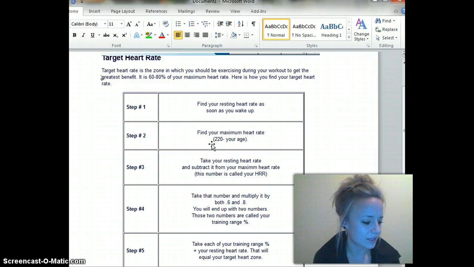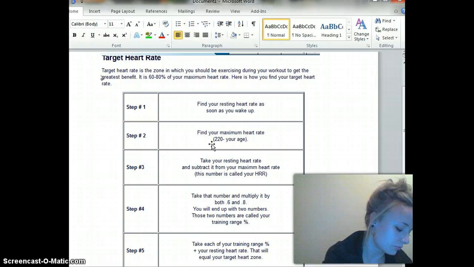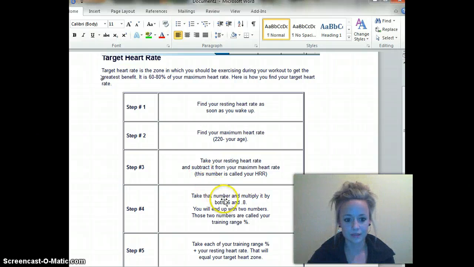And that is 147. I'm going to write that down real quick. So 147 is our heart rate reserve. It's kind of a funny number, but it's useful for us for finding this.